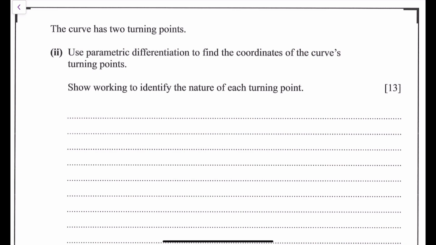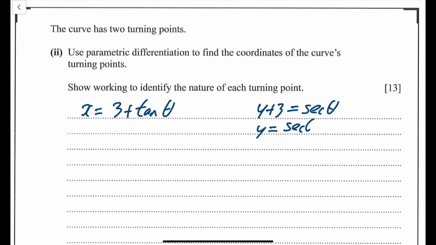So remember what we had. We had x was equal to 3 plus tan theta, and we had y plus 3 was equal to sec theta. You could rearrange that and say y is equal to sec theta minus 3. Now what we need to do is parametric differentiation, which is dy by dx is dy by d theta times d theta by dx.